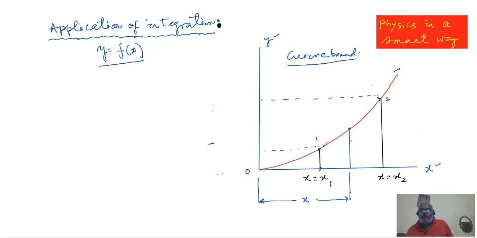You cannot go beyond 2, you cannot go beyond 1 also. This is x. Because the function is available, when you put in the value of x, we expect we can find the value of y. So this is y and that is x.